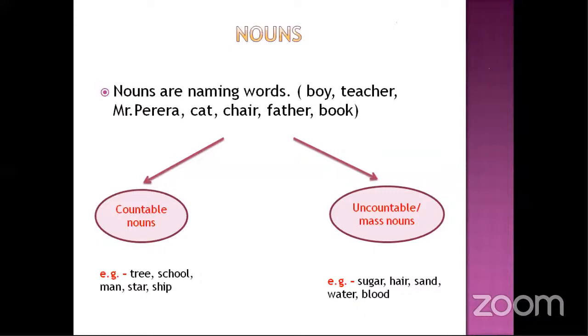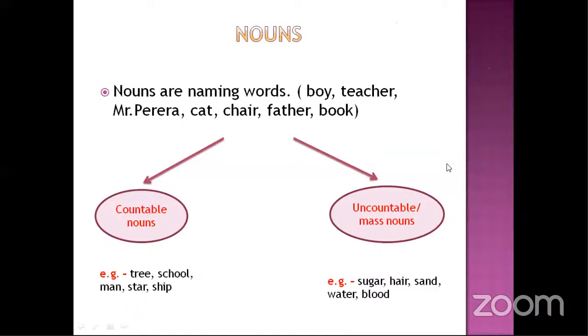These are uncountable nouns. Hair also, in English, is considered an uncountable noun. Sand, water, blood, likewise. For water we use liters, or a glass of water, 2 glasses of water.